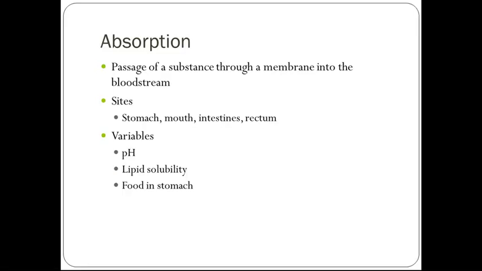There are many variables as far as absorption. So if a medication needs a more acidic environment, it will be absorbed in the stomach. If a medication needs a more alkaline environment, it will be absorbed in the intestines. The second variable is lipid solubility.